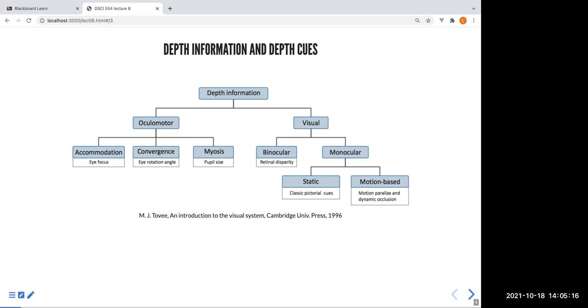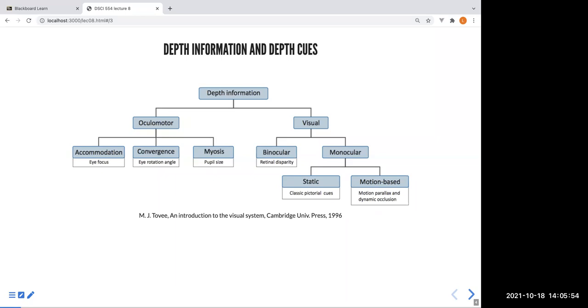For images, everything that is visual is important to us, but you also have, in real life, information coming from the fact that you're acting on the muscles that are in the eye, and the brain uses that information to understand how far things are. So the second category that I just described is what is called oculomotor, that is movement of the eye induced by the muscles that control the eye.